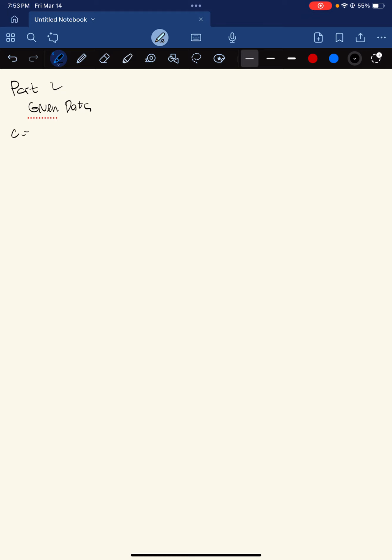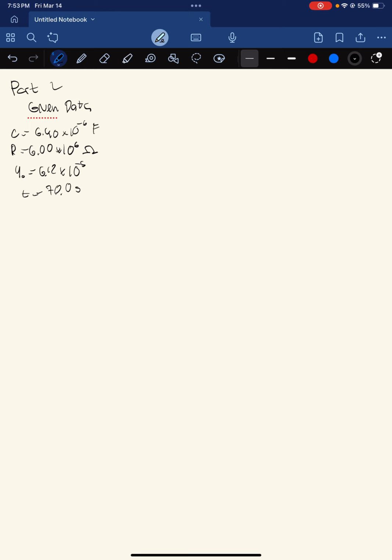Capacitor, we know it's 6.40 10 times -6 farads. We know the resistance, 6.00 10 times 6 ohms. The initial charge, 6.12 10 times -5. And we have the time, that is 70 seconds.